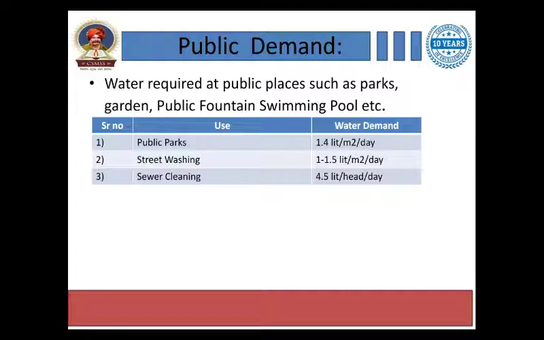Then street washing, it will be 1 to 1.5 liters per meter square per day. And for sewerage cleaning, if there is a block or choking in the sewer, in the drainage line, we have to flush it. So it will need 4.5 liters per head per day.